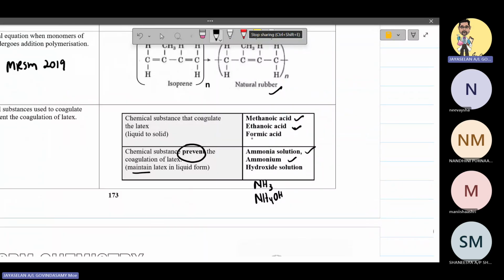Methanoic acid, formic acid, same. One more name for methanoic acid. Please remember this, confirm will come out for SPM 2025 objective question. Any question?